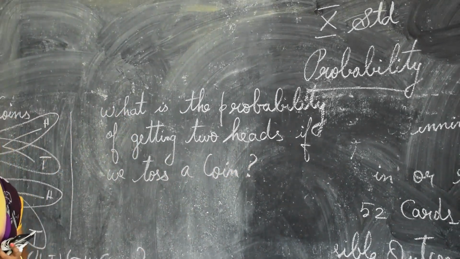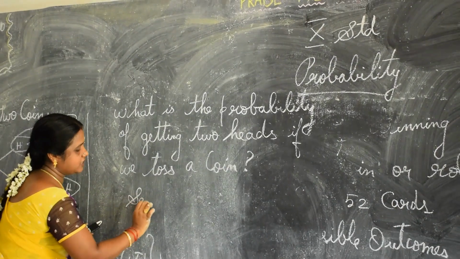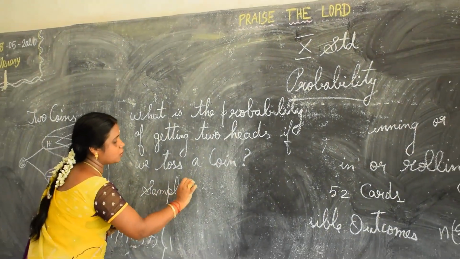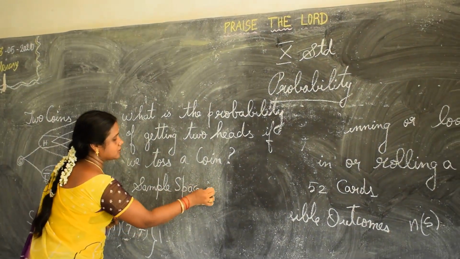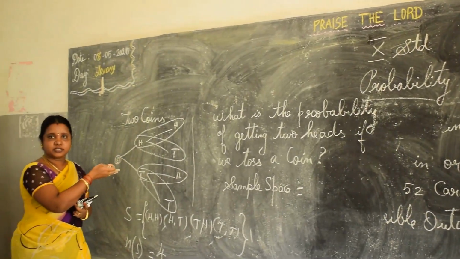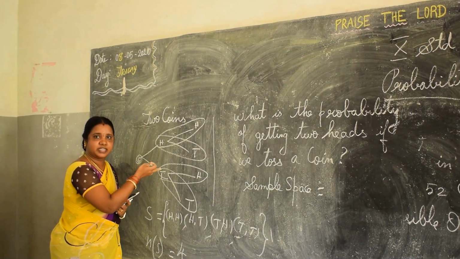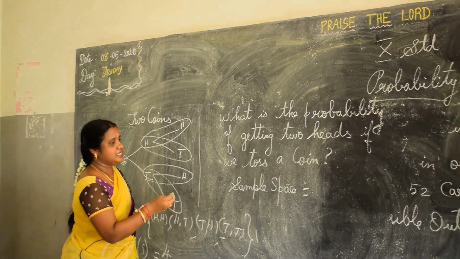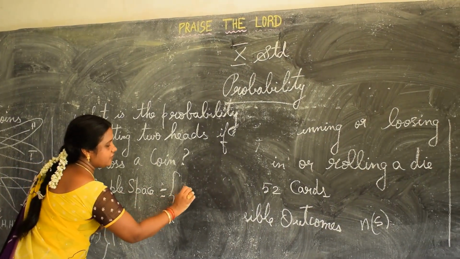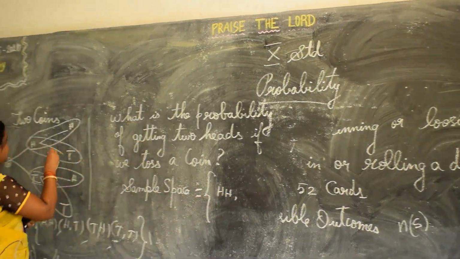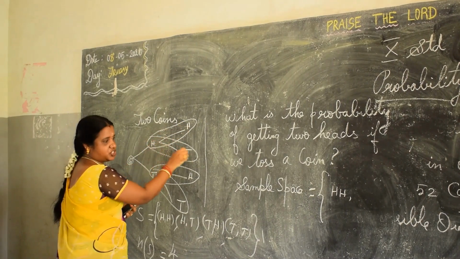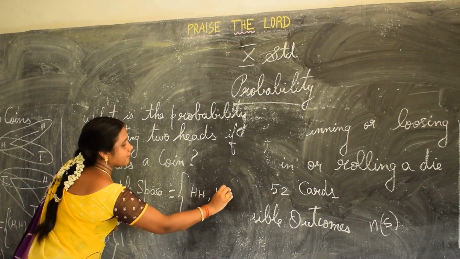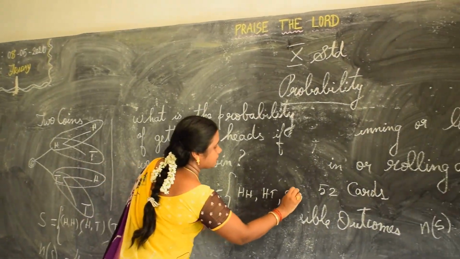First you have to write the sample space. What is our sample space for tossing 2 coins? See here, you can draw the tree diagram in the rough column also, so that you can easily understand. What is our sample space? First we will get head. See here, HH. Next HT. Next TH.